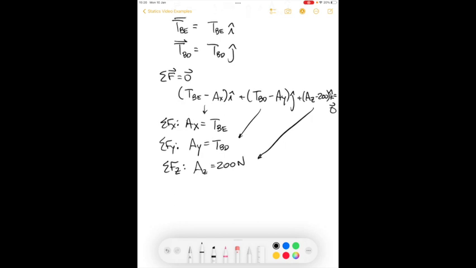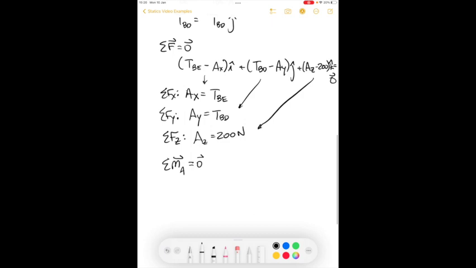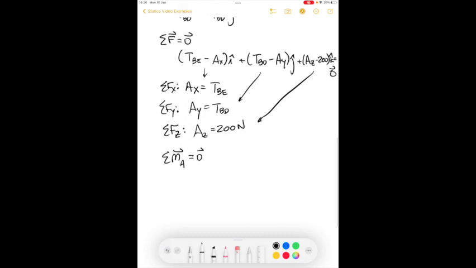And now we can do some cross products for the moments. So I said before that I want to do that moment about point A. And the reason is because I have a lot of forces, AX, AY, and AZ, that all point through that point A. So we can take the cross product of any forces that would create a moment about the point A. So there's three forces.